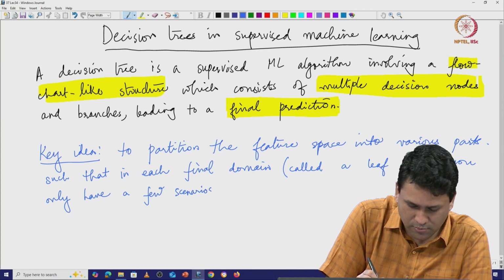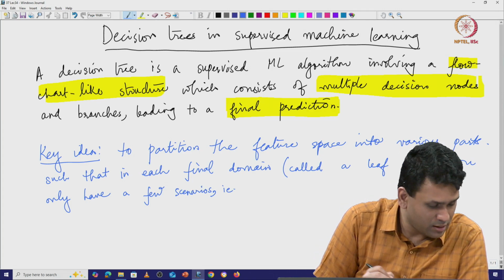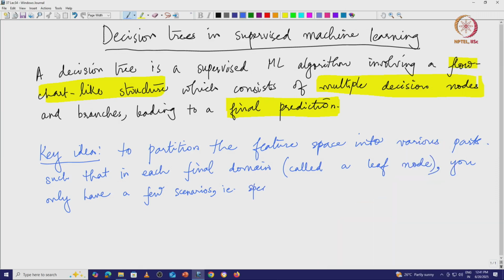And by scenarios I mean specific class labels in a classification problem.